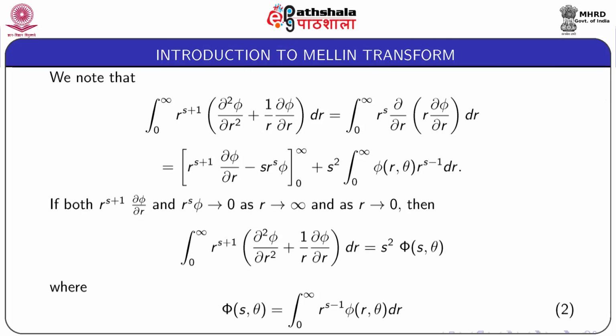Doing this, we note that the first 2 terms of the differential equation given by equation 1 give the integral from 0 to infinity r to the power s plus 1 times del 2 phi del r 2 plus 1 by r del phi del r dr.